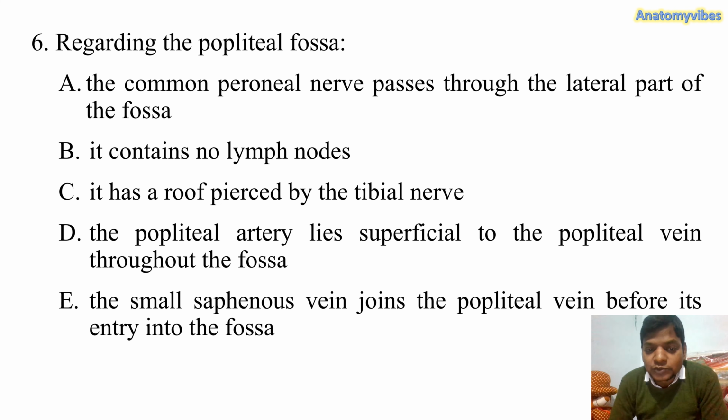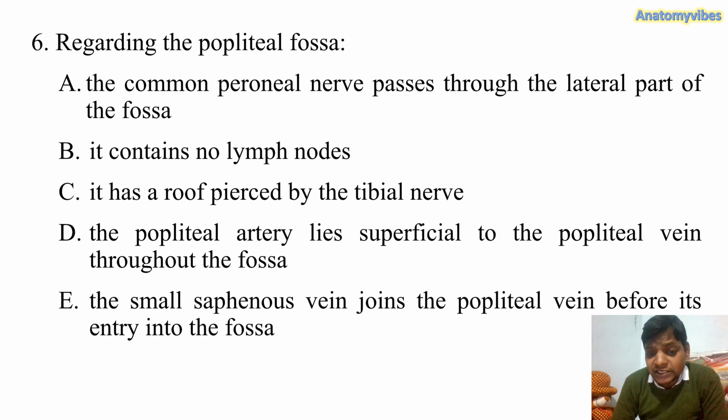Regarding the popliteal fossa, the common peroneal nerve passes through the lateral part of the fossa. So common peroneal is on the lateral side. So this is correct. Contains no lymph node. So this is incorrect. Has a roof pierced by tibial nerve. Tibial nerve never pierces the roof. Popliteal artery lies superficial to popliteal vein.